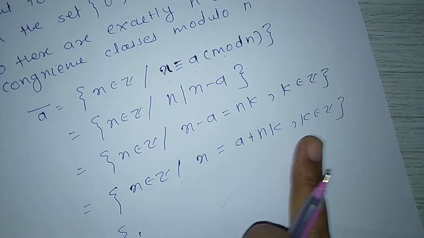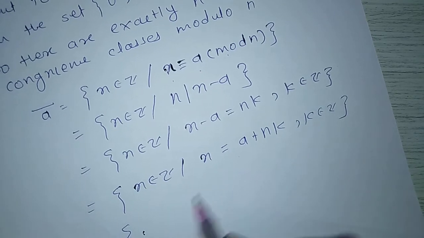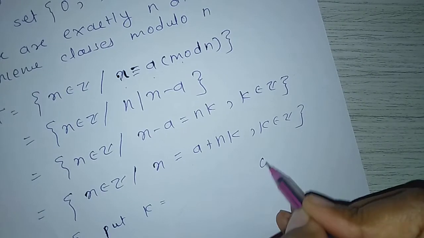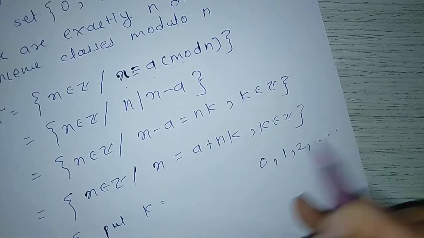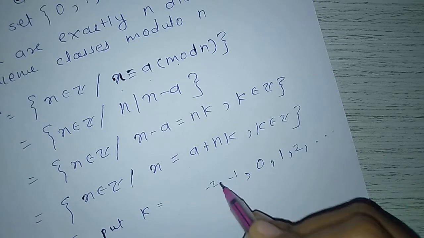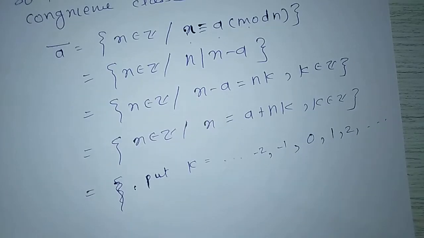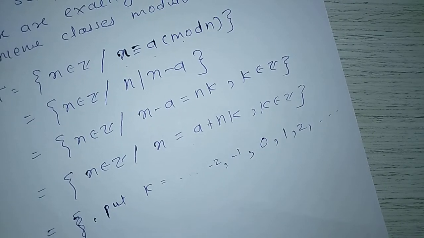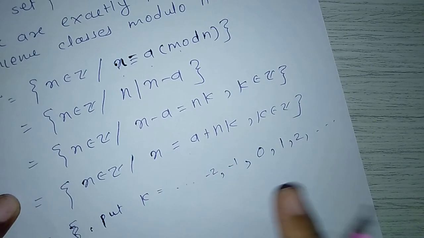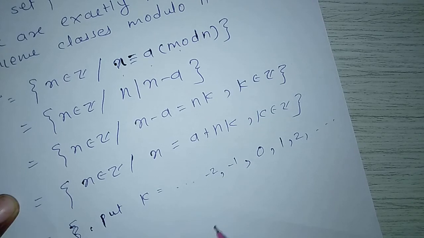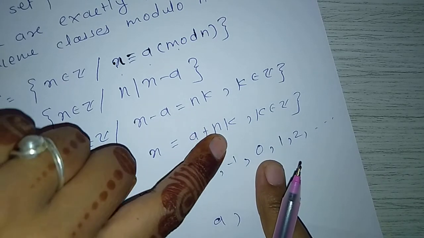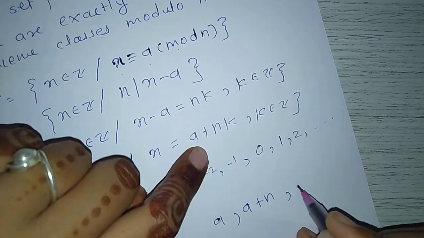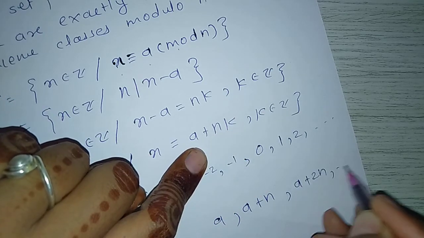We know k belongs to Z. Put here k equal to 0, 1, 2 and so on, and from here minus 1, minus 2 and so on. That's why we get the set a bar: if we put k equal to 0 we get a, k equal to 1 we get a plus n, k equal to 2 we get a plus 2n and so on.